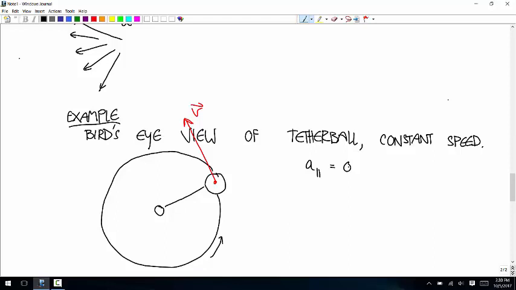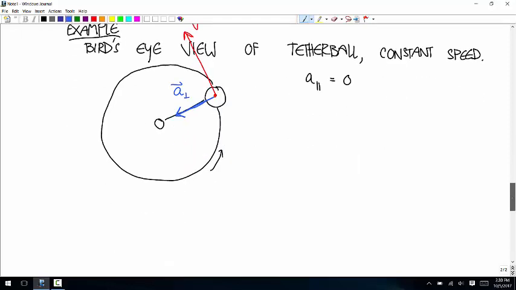So this vector has to be perpendicular to the velocity, so either this way or that way. Toward the center of the circle. So the perpendicular part, A perpendicular, is that. And so the total acceleration is equal to this plus 0. And so it's this.